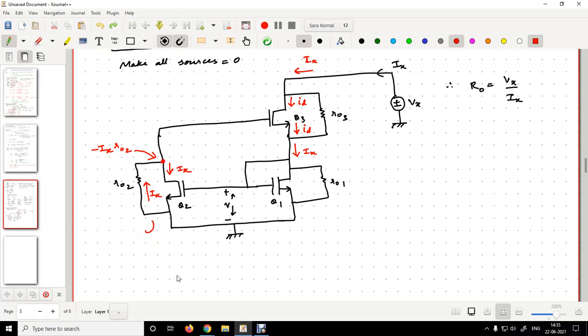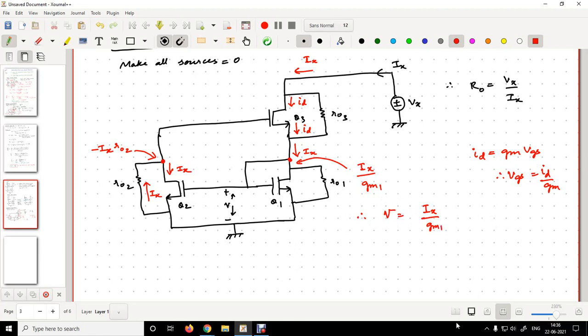Then the voltage at this point will be Ix divided by GM1, because ID is GM into VGS, therefore VGS is ID by GM. So the voltage at this point is Ix by GM1, therefore V is also Ix by GM1.